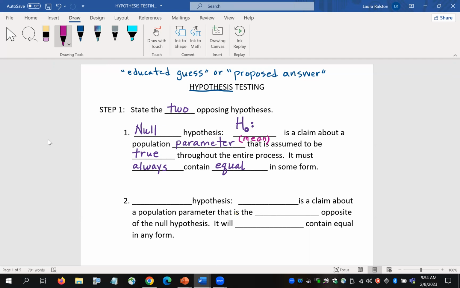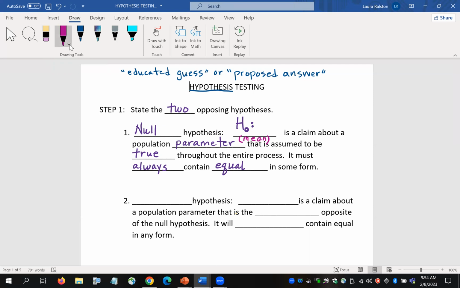It could be a proportion. Any of our population parameters that we've talked about, mean, median, standard deviation, variance, any of those we can conduct a hypothesis test on. Again, our focus in this course is going to be specifically on the mean.